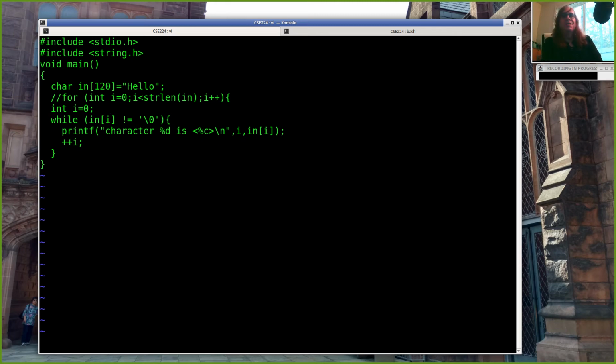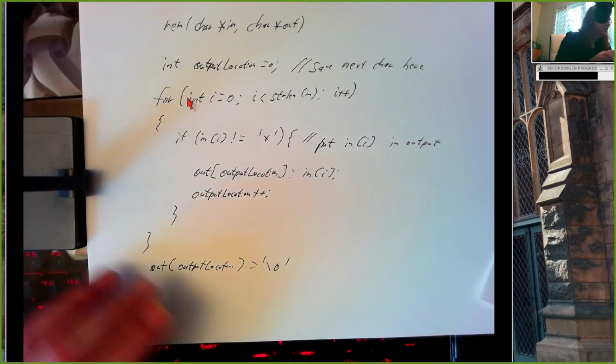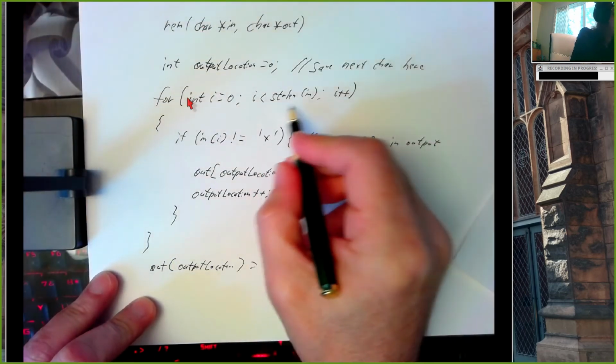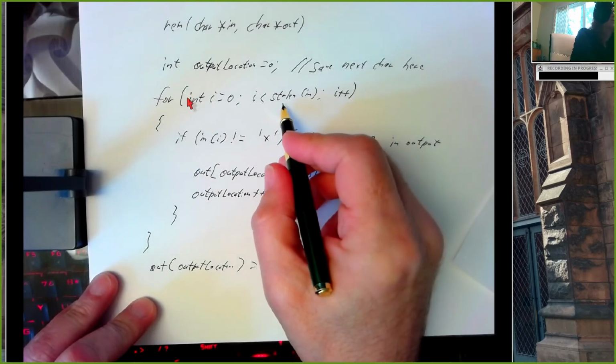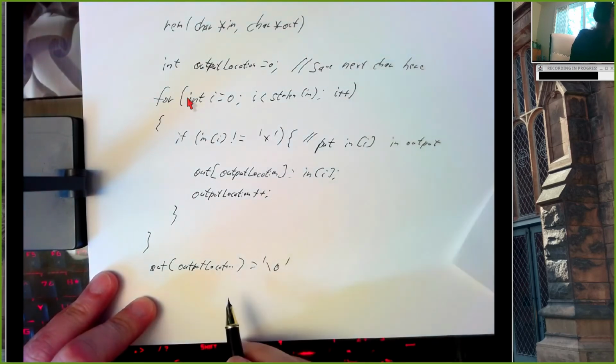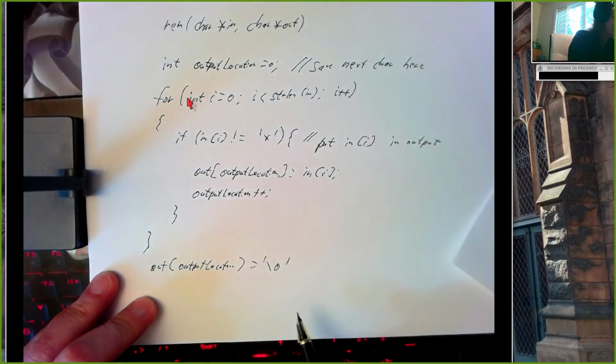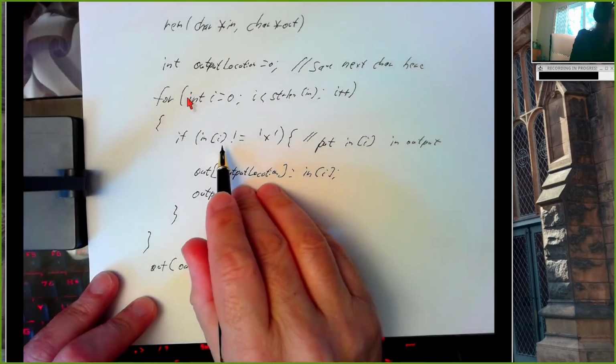And then somebody else suggested if you were to loop up to I less than or equal to string length, what's going to happen is you're going to also include that last character that comes after your final character, which will be the null terminator. So if you did I less than or equal to string length, the last time through that loop, in I will be the null terminator.